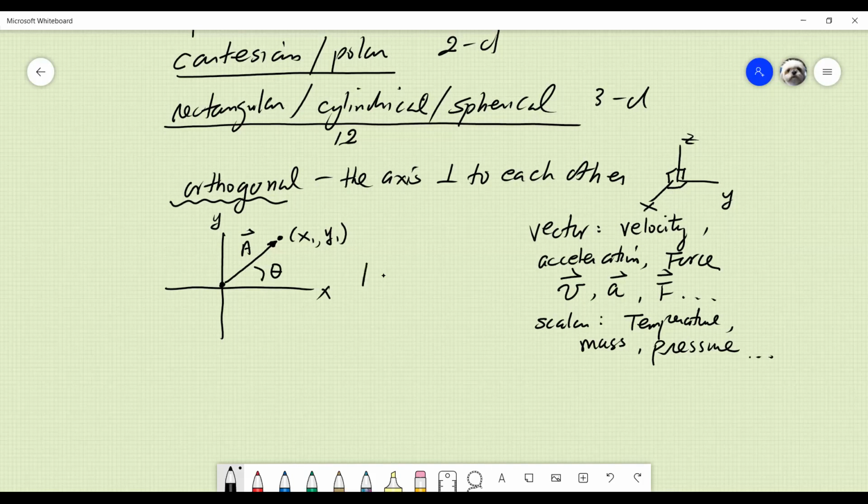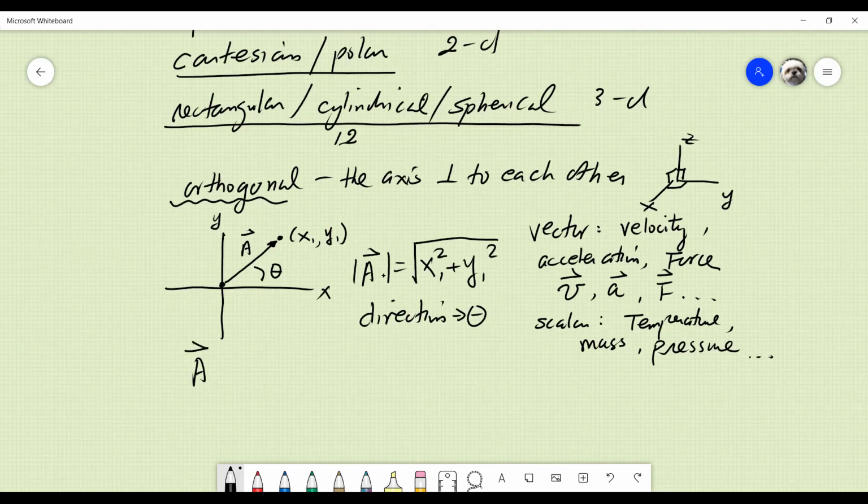So how are you going to find the length? You use the Pythagorean theorem, right? And then how about the direction? The direction will be represented by the angle. So therefore, you can write A just like this. Are you with me? Yes.